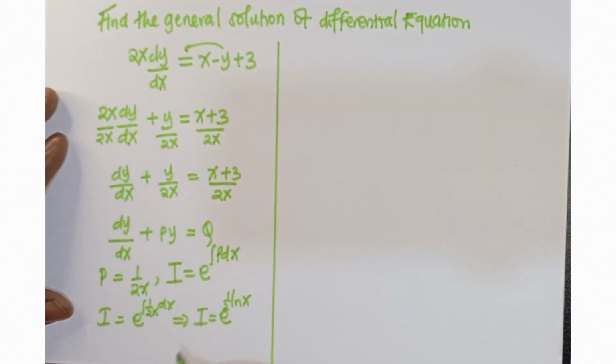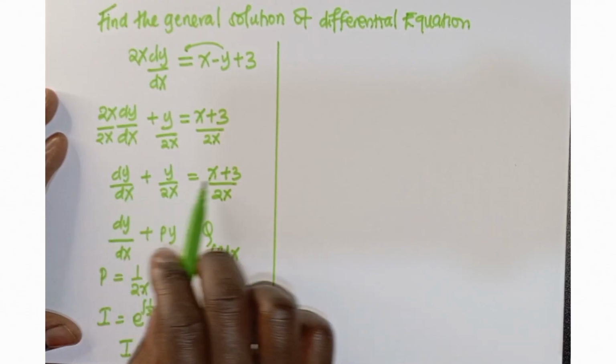Now, if that is the integrating factor, we can say that it is the same as e to the ln of x to power half, which gives us x to power half. If that is true, we go ahead and multiply it throughout this.